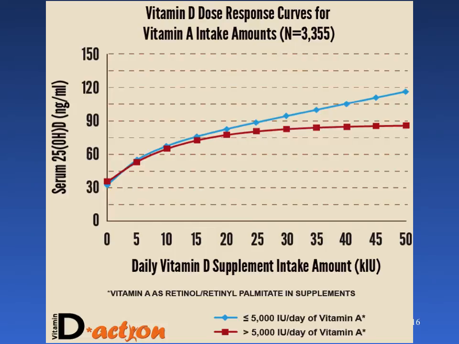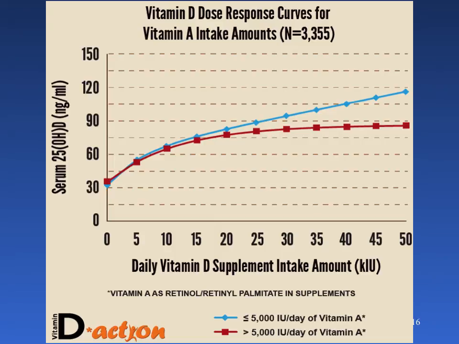The blue line is participants who take 5,000 international units or less of vitamin A per day, and the red line is participants who take more than 5,000 international units of vitamin A. Participants who take greater than 5,000 international units of vitamin A have a lower vitamin D dose response than participants who take 5,000 international units or less.